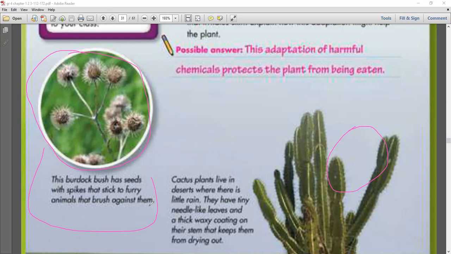This means that if an animal comes, the spikes stick to it, so the seeds move from place to place. Excellent. It can stick to the animal fur to spread the seeds from one place to another.